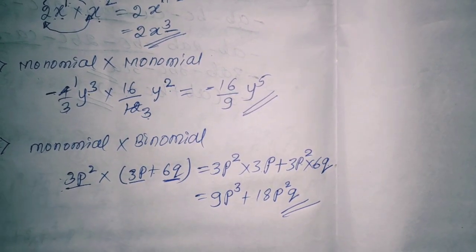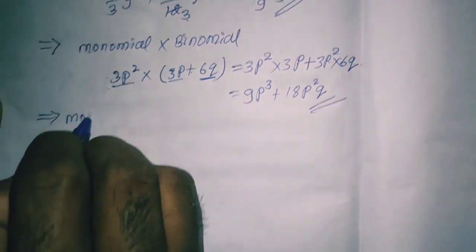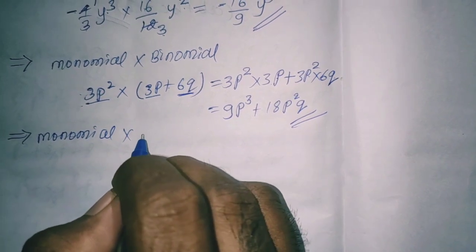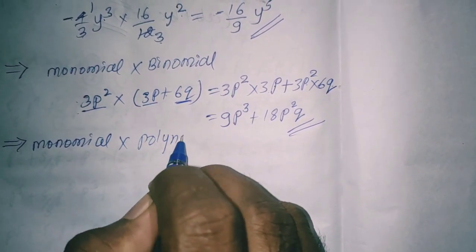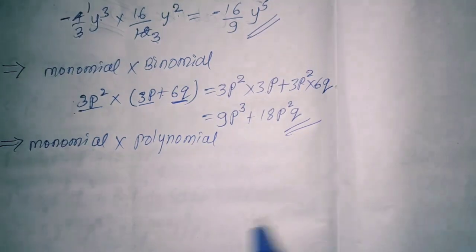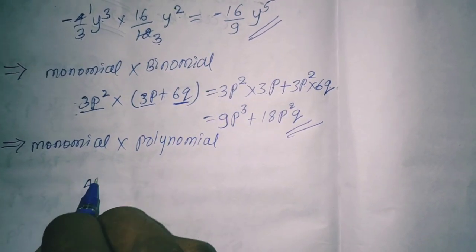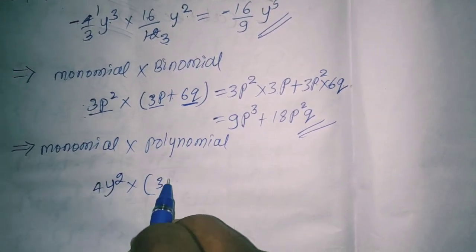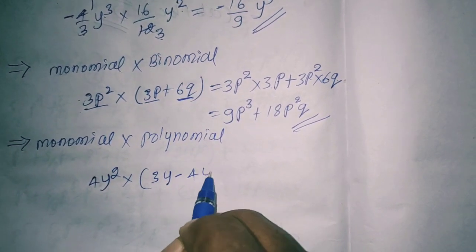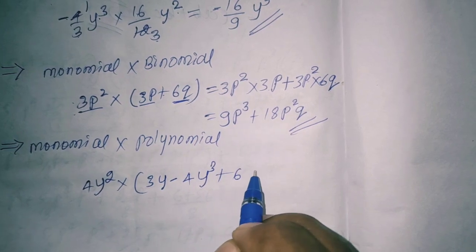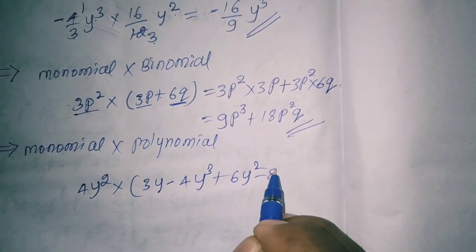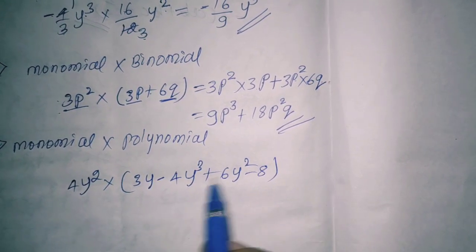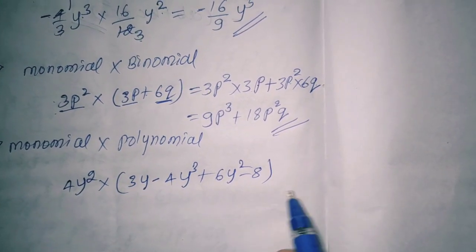Then I'll take one more example. Monomial into polynomial. Directly I will take polynomial. Same procedure, like 4y square multiplied with 3y minus 4y cube plus 6y square minus 8. See here, this is actually a polynomial. More than 3 terms are there, polynomial.